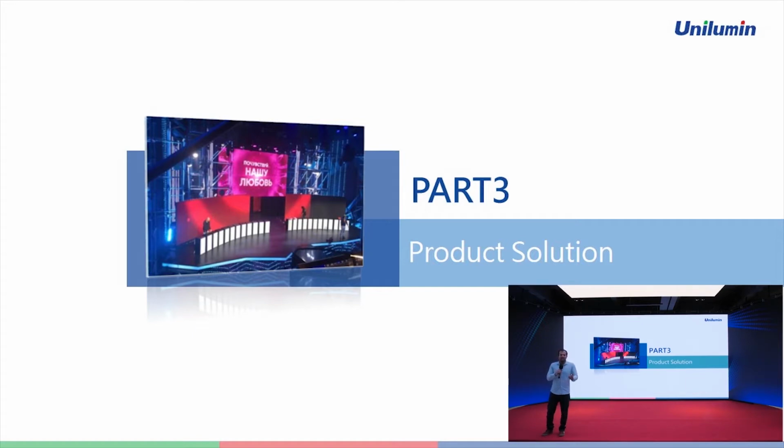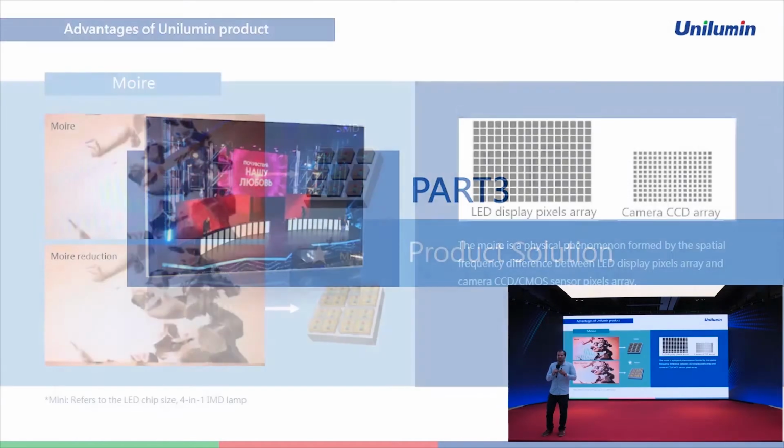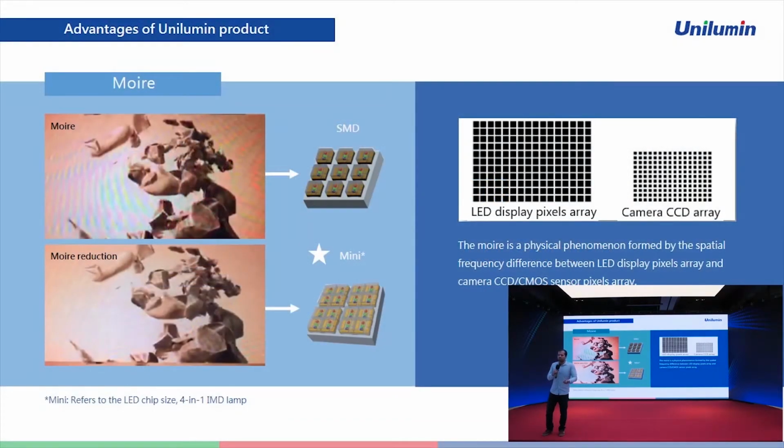Therefore, there are 2 ways to solve this problem. The first way is to change the focal length, shooting angle, and shooting distance of the camera on site. It has nothing to do with the LED screen. So we move on to the next one.